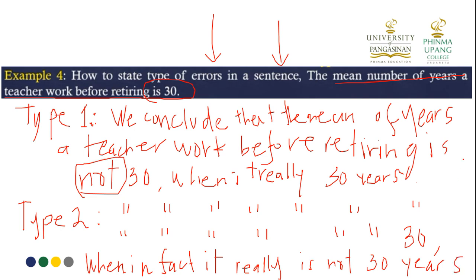So, yung type 2 natin, yung not nilagay ko na doon sa last sentence natin. We conclude that the mean of years a teacher worked before retiring is not 30, when it really is 30 years. Okay? So, yun po yung ating type 1 error.